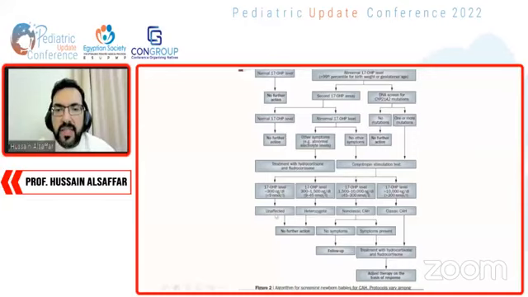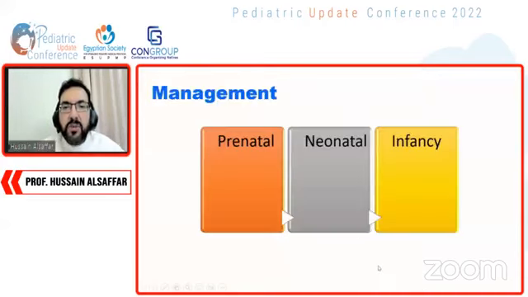And according to the stimulated 17-hydroxyprogesterone, depending on how high it is, you can consider the patient unaffected and a carrier, or heterozygous, again a carrier, where no action is to be taken, or classical or non-classical, and then you decide on treatment based on that.